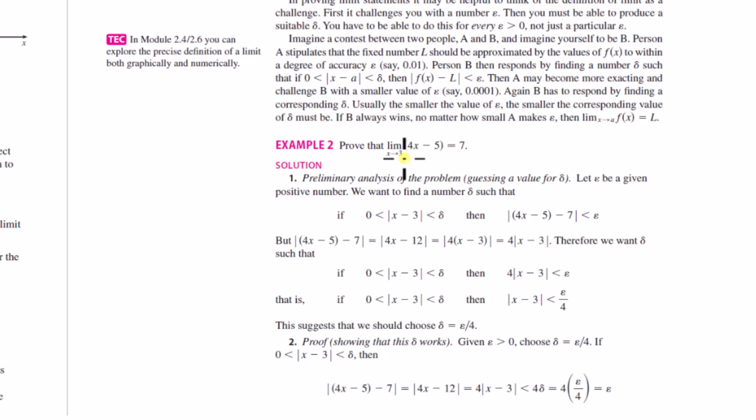According to the direct substitution property we learned in the previous section, since the function here is a polynomial, we can just plug the limit point 3 into the function. So 4 times 3 is 12 minus 5, and so 7 is what the limit is equal to in this case. So this limit is definitely equal to exactly 7.